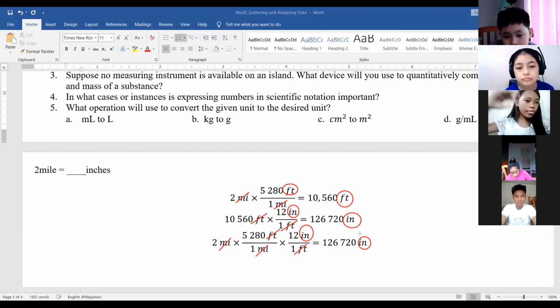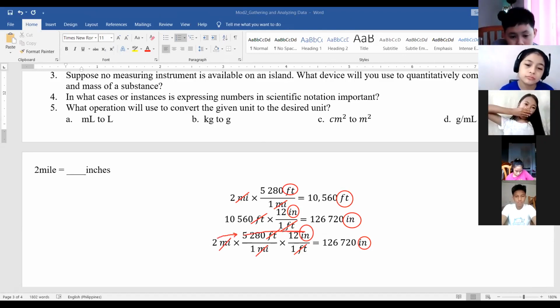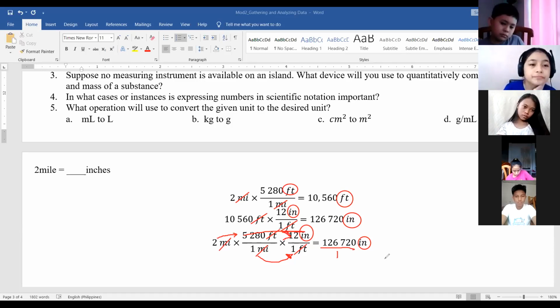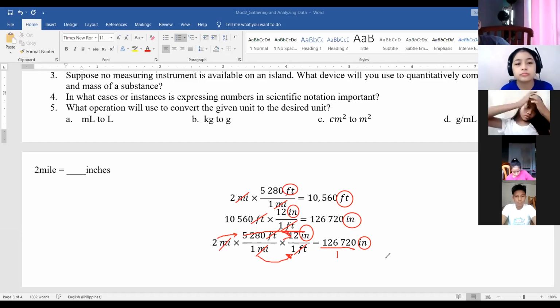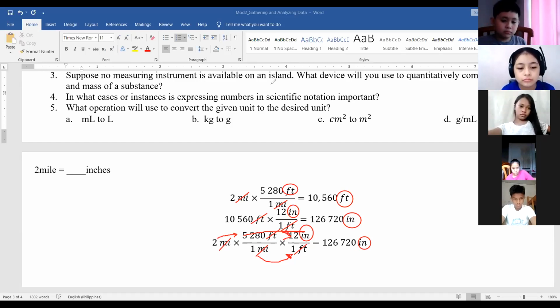You now know what to do if that is the case. Probably it should be clear to everyone that numerator is multiplied to numerator, and denominator multiplied to denominator. So we don't need to worry about the denominator since 1 times 1 equals 1. And even if you divide 126,720 by 1, it's still 126,720. Get it? So this is how we're going to do conversion, class. This is where conversion happens.